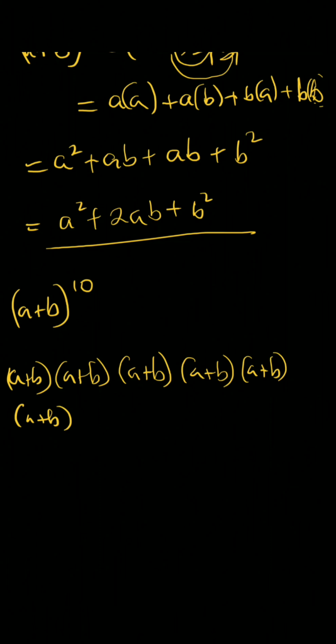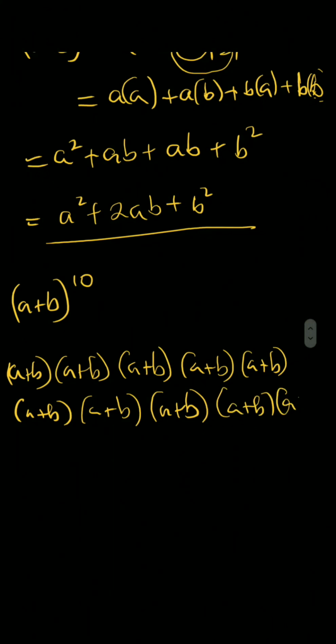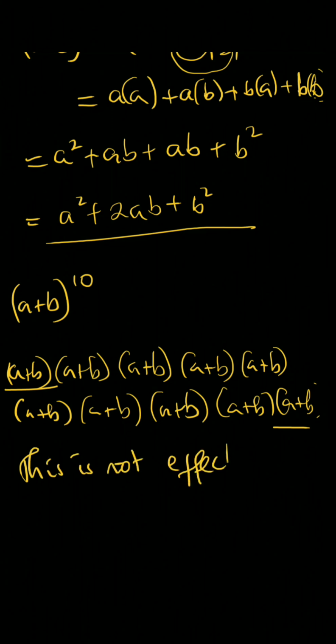So we're going to get a plus b times a plus b times a plus b times a plus b times a plus b times a plus b, until you reach the 10th part of expanding the binomial. Now this is not effective because one, it will consume time, and not only that, we'll also make mistakes as we continue solving.